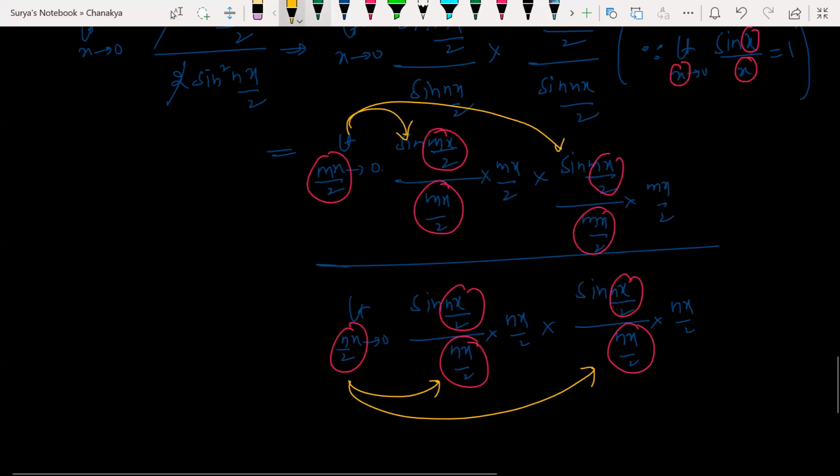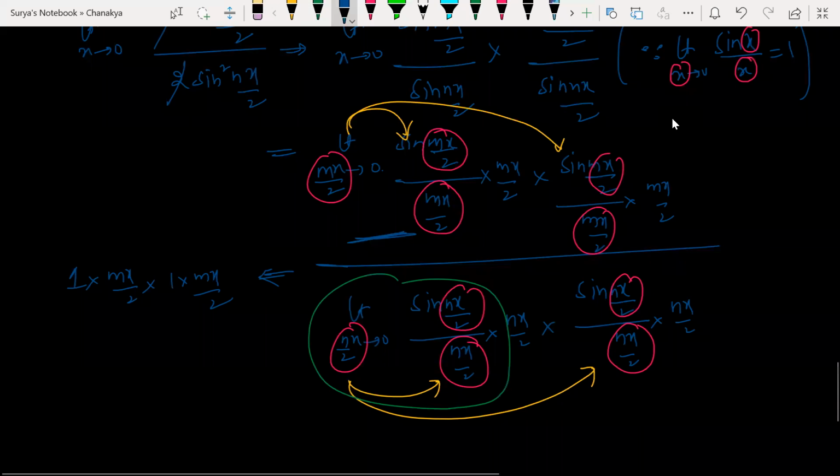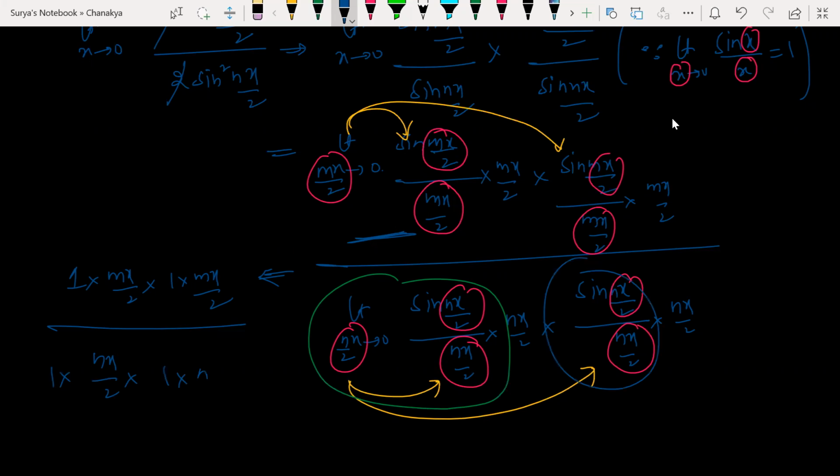This fully you will get 1 into mx by 2. Now this fully you will get 1 into mx by 2. So nx by 2 into 1 into nx by 2, this fully you will get 1 into nx by 2. Yes or no? Any doubts here?